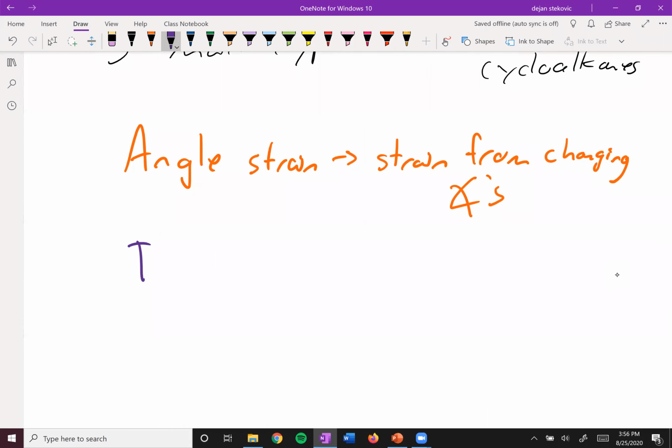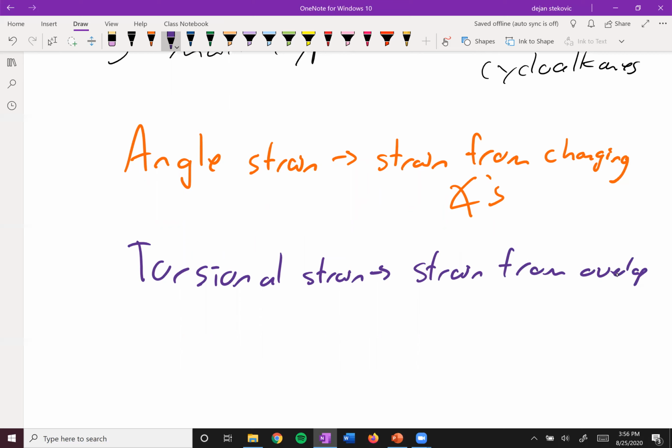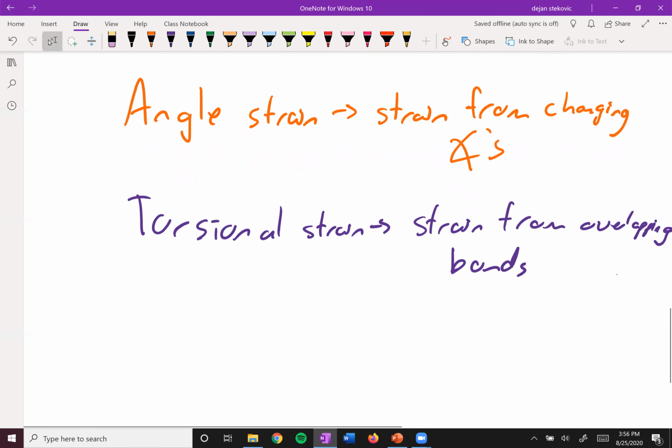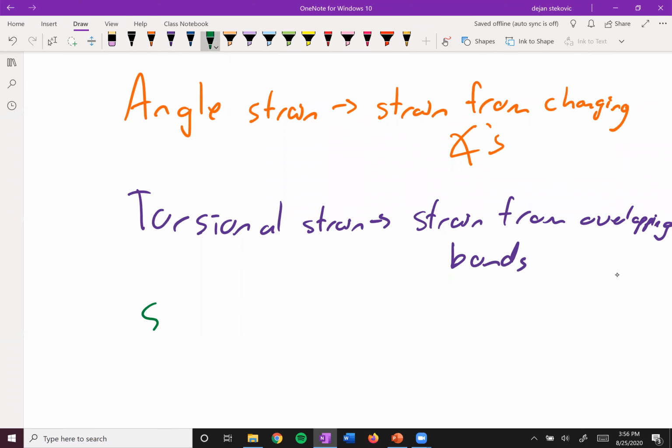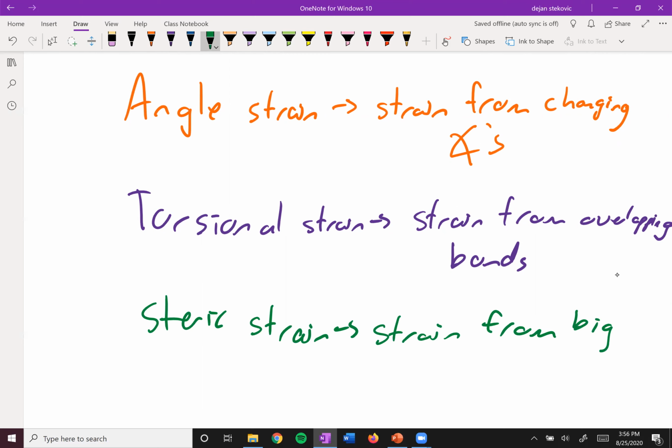Second is going to be torsional strain, and this is the strain from overlapping bonds. It's actually a little bit more complicated than that, but that's what we're going to go with for now. And then there's steric strain, and steric strain is the strain from big things overlapping.